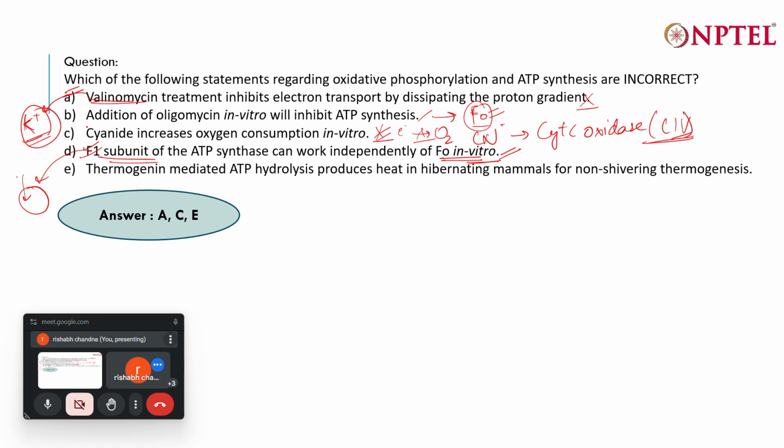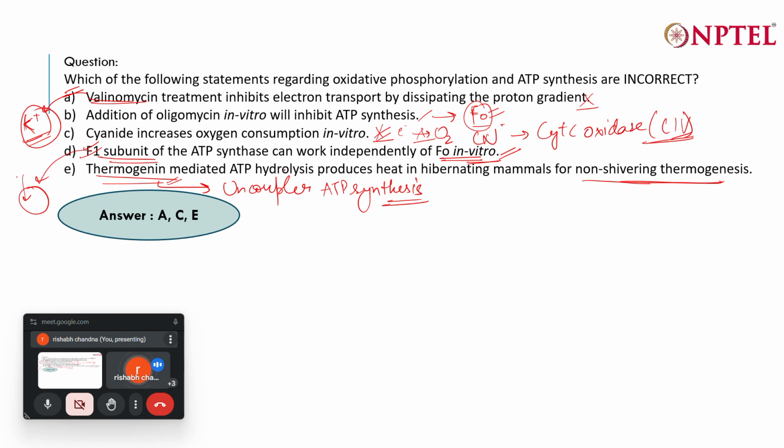So if we have another mechanism to provide energy to F1, it can function independently of F naught. Then thermogenin mediated ATP hydrolysis produces heat in hibernating mammals for non-shivering thermogenesis. The thermogenin is actually an uncoupler for ATP synthesis, and it produces heat that is called non-shivering thermogenesis.